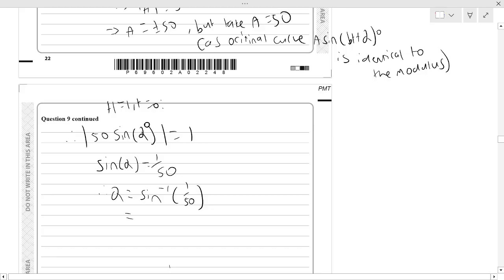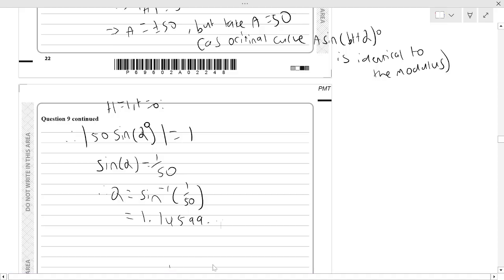You get this number here. Hang on. No, I'm in radians still. That's why it's such a weird number. No, degrees. There we go. Sine inverse 1 over 50 is, there we go, 1.14599.